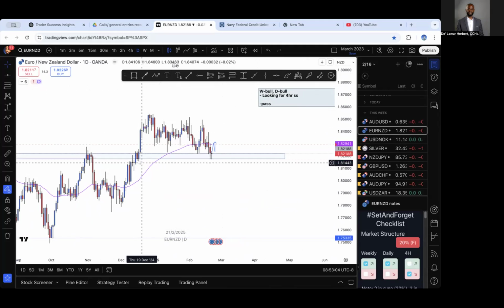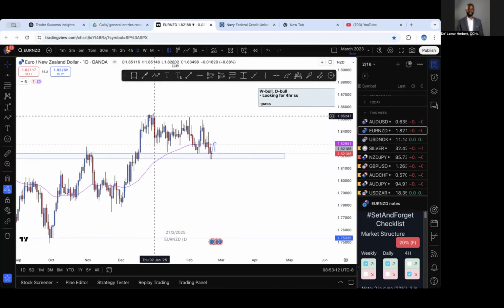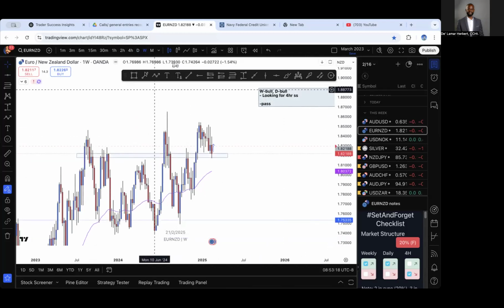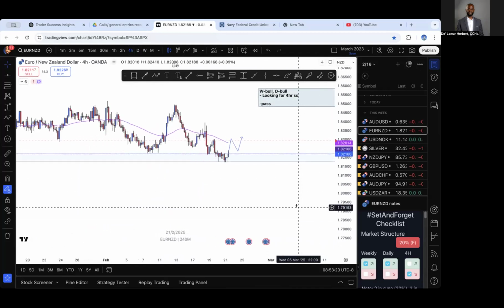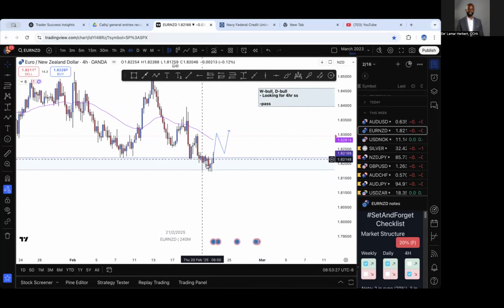I thought this would be a pullback, but no. It actually looks like this whole thing can be considered still in bullish range. So weekly bullish, daily strong bullish, in sync. Okay, 4 hour is bearish.